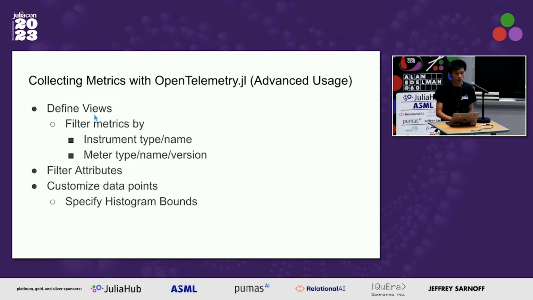But for a specific application, you will only need several kinds of metrics you are interested in, so in that case, you can specify the views and filter metrics by instrument type or instrument name or the meter type and name and also the version. Also, you can filter the metrics by attributes so that some extra attributes are not included.